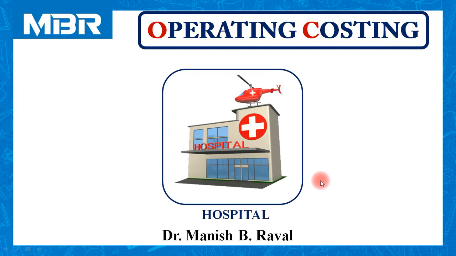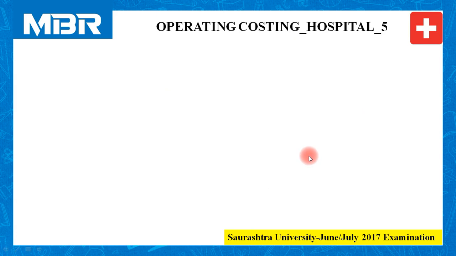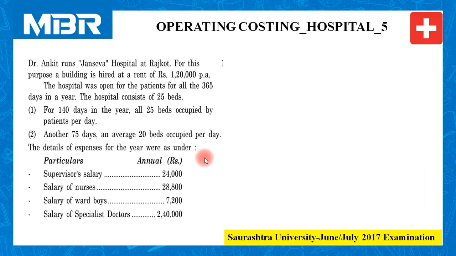Let us discuss the question first. I have selected a question from the Saurashtra University examination June-July 2017. This is a question of Jan Seva Hospital running by Dr. Ankit at Rajkot.